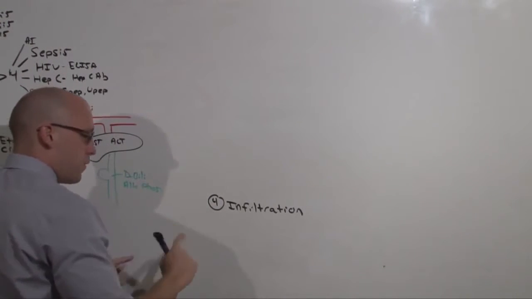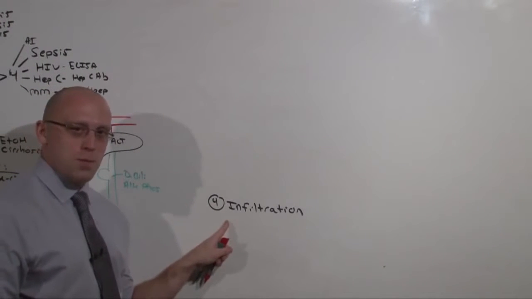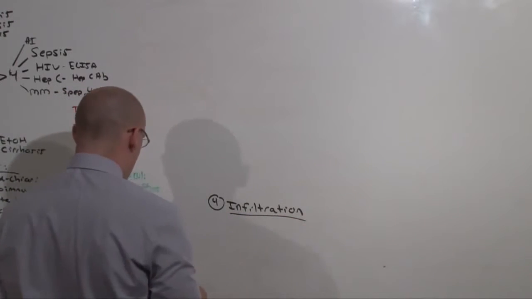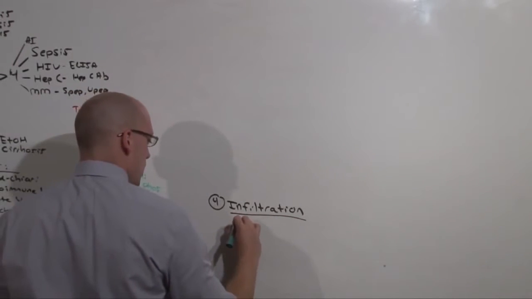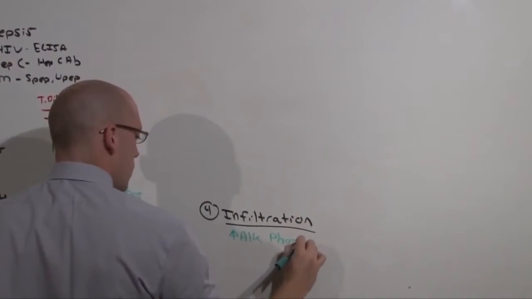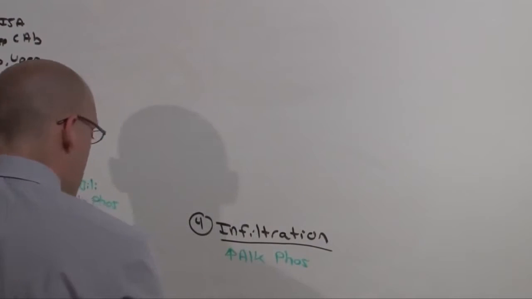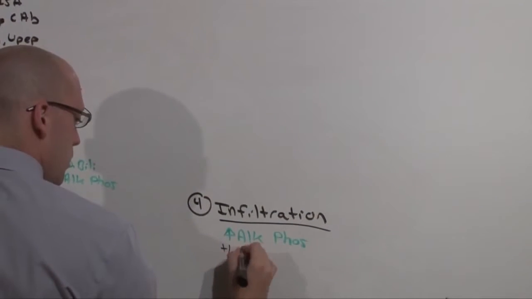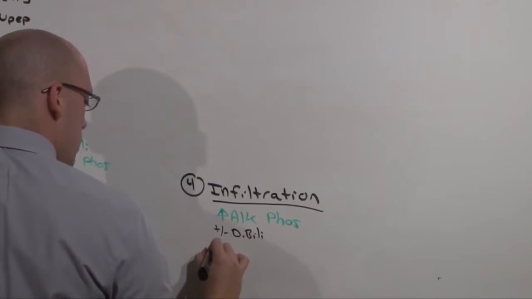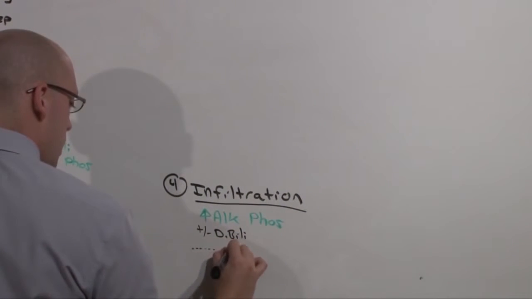And we're talking about it first because it's the one people miss. In an infiltrative pattern, you have primarily an elevation in the alk phos and alk phos alone. There may be a component of the direct bili, and there may be AST and ALT.